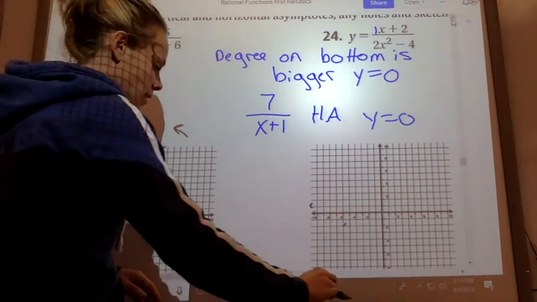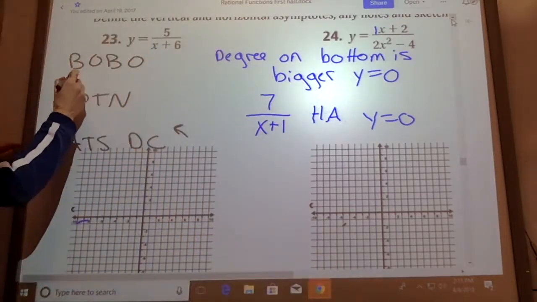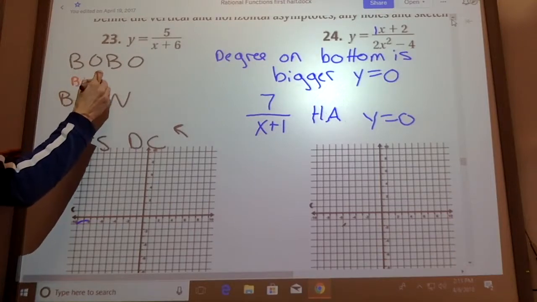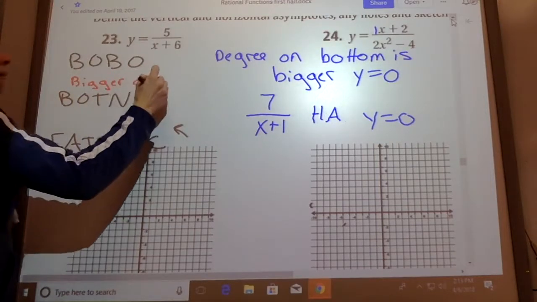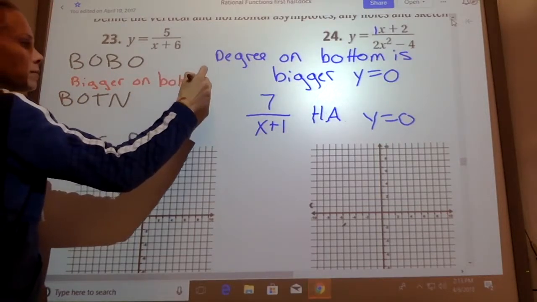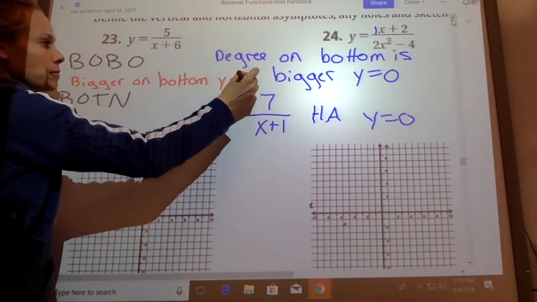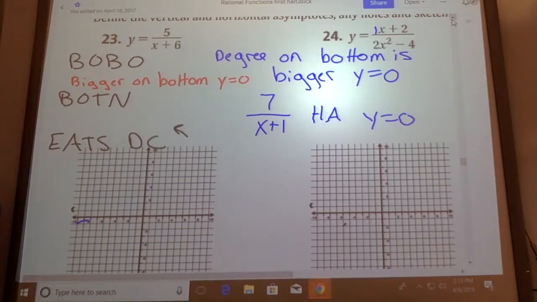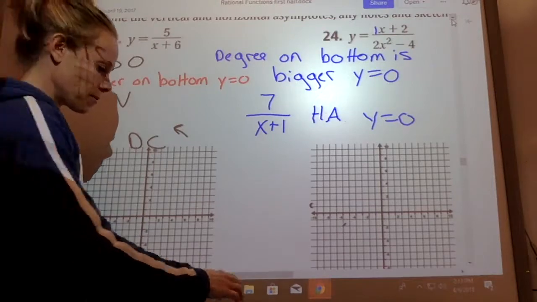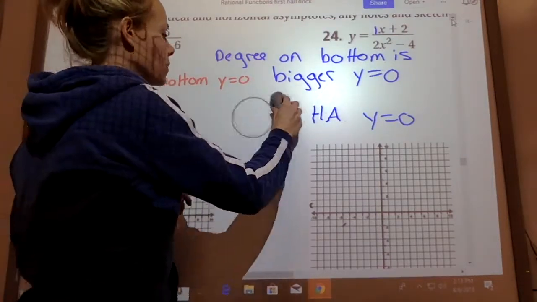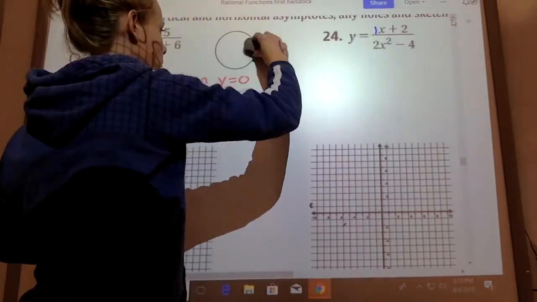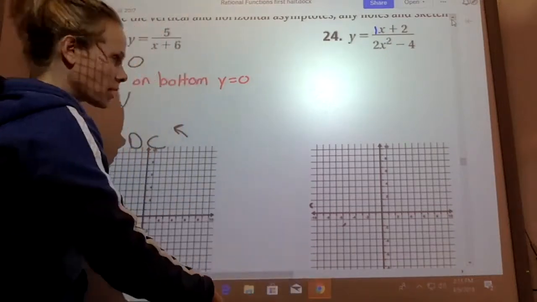And that's what this stands for here. BOBO: bigger on bottom, we say y equals 0. BOBO, bigger on bottom, 0. So what's the next one? BOTN. Maybe you can guess.